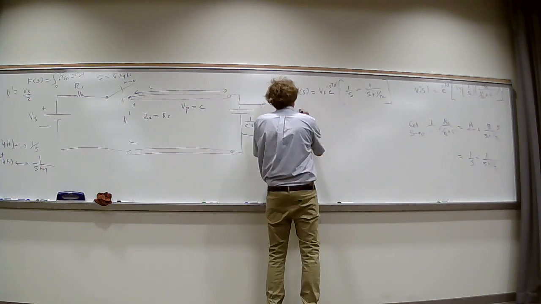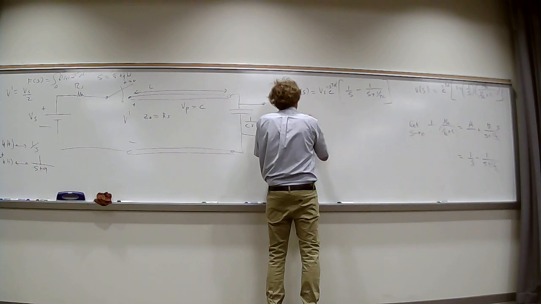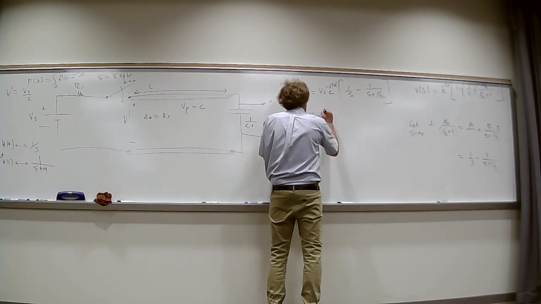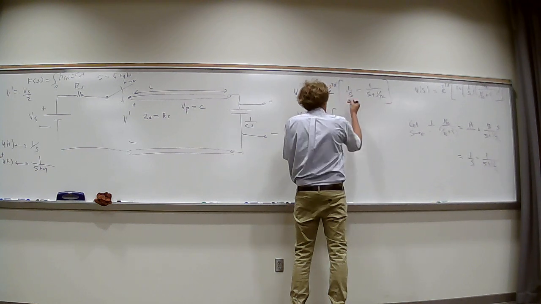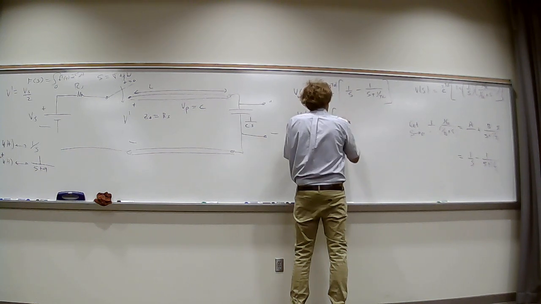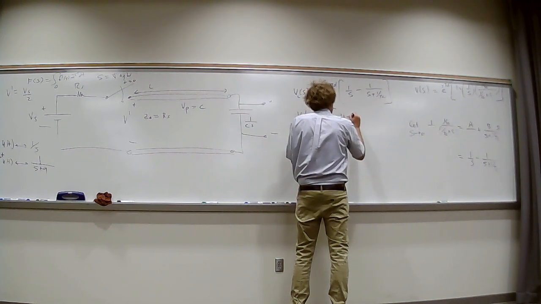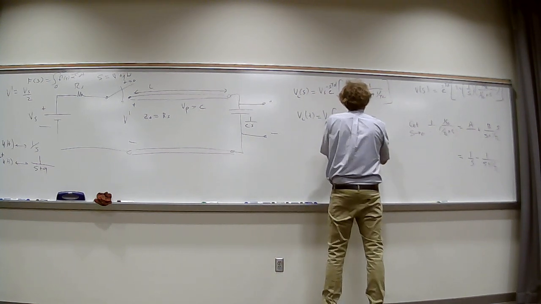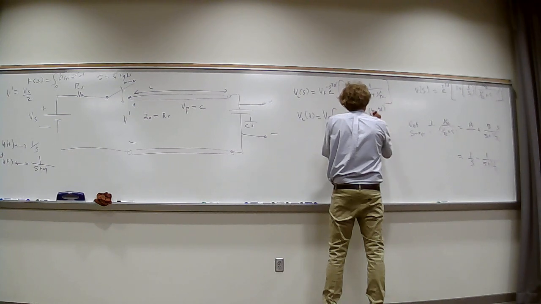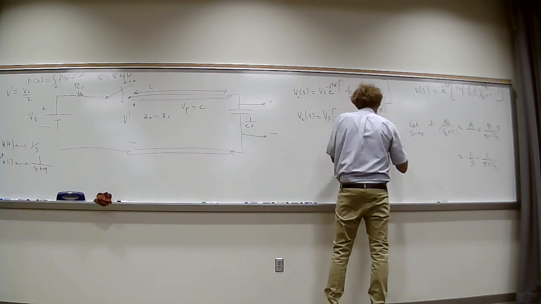So when I go back to the time domain, I find V_L of t is equal to Vs, that's there, and then this one is going to be u of t minus TD, and this one is going to be minus e to the minus (t minus TD) over TC right here.